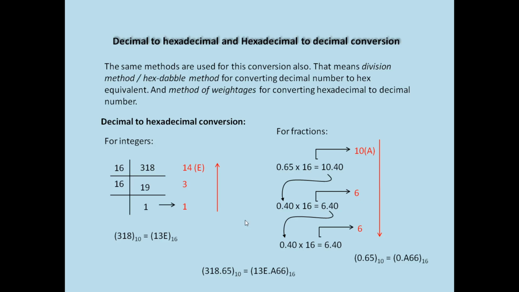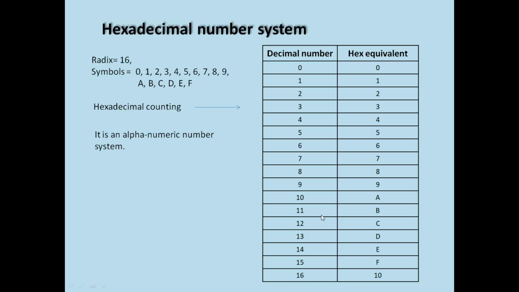If we consider the table of hexadecimal counting, and here this 16, how this 16 is equal to 10, that you can now calculate using the division method.